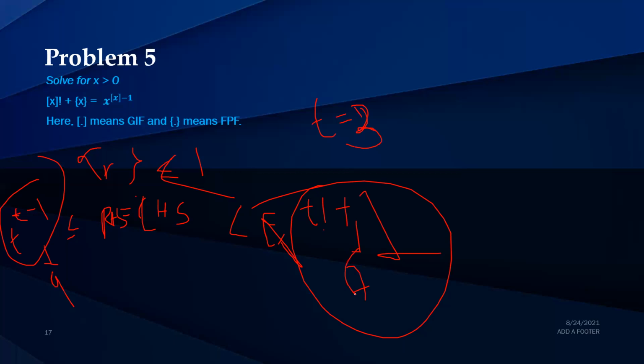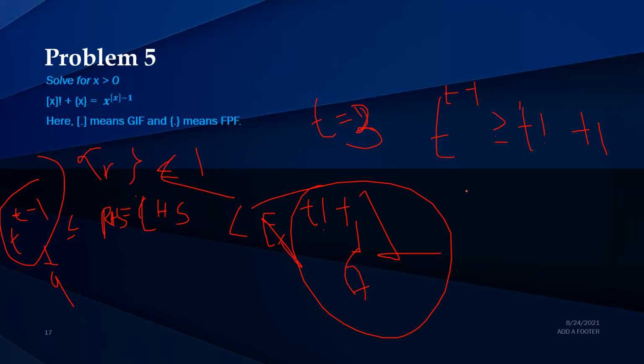That's a contradiction. So this gives us an intuition to prove that t raised to t minus 1 is greater than or equal to t factorial plus 1 for t greater than or equal to 3.